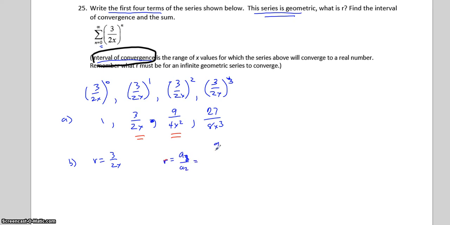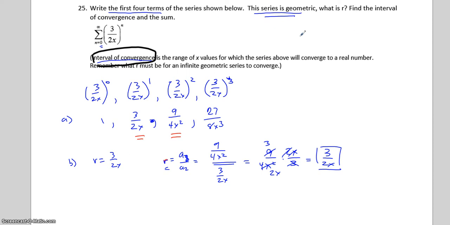A sub 3 is 9 over 4x squared. A sub 2 is 3 over 2x. If you simplify this, that's going to be 9 over 4x squared times 2x over 3. You can see that's going to be a 3 there. That goes away. That goes away. That goes away. You're left with 3 over 2x. This was maybe a little unnecessary for this problem, but just as a review item, that would be another way we could have found r in a geometric series.